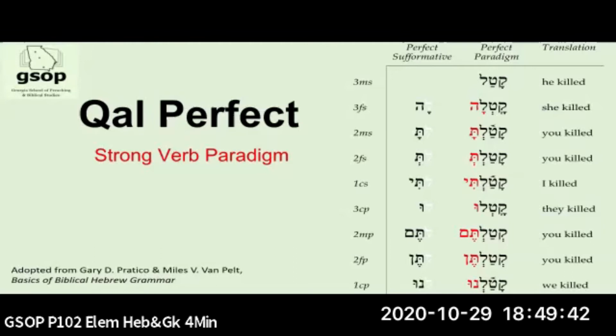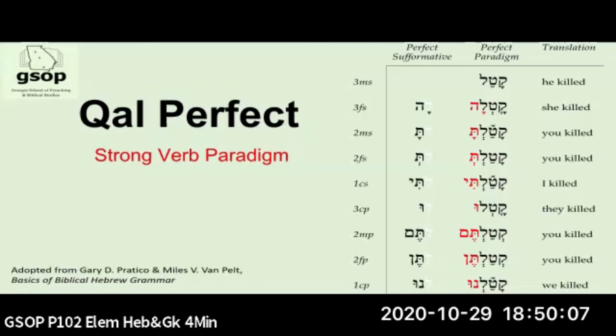And "I killed," this would be first common singular, katalti. That lamed with the shva underneath it is silent, but you pronounce the lamed, so it's katalti.